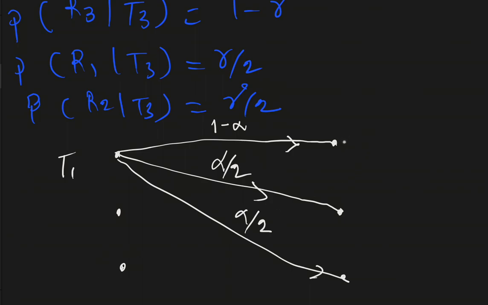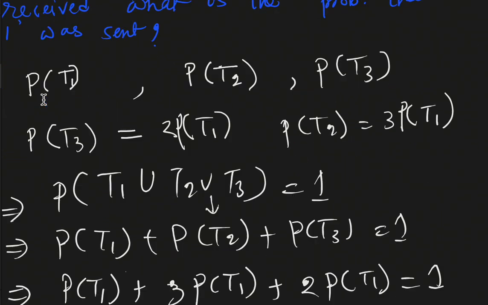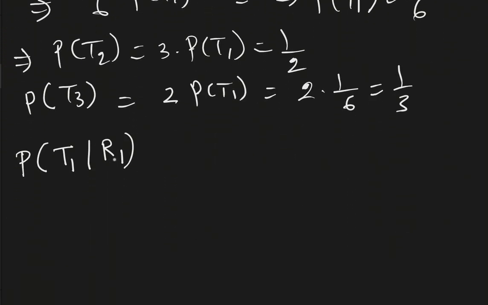You only know that you get a signal R1. Since you can get this signal from T2, T3, and T1 also, we have to calculate the probability that if you get signal R1, it came from T1.